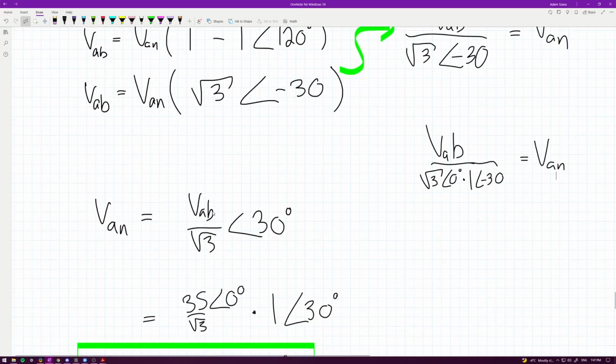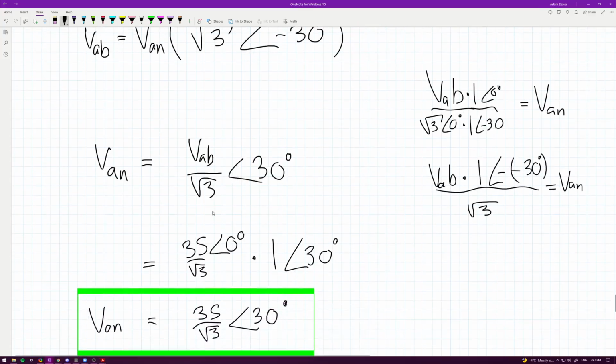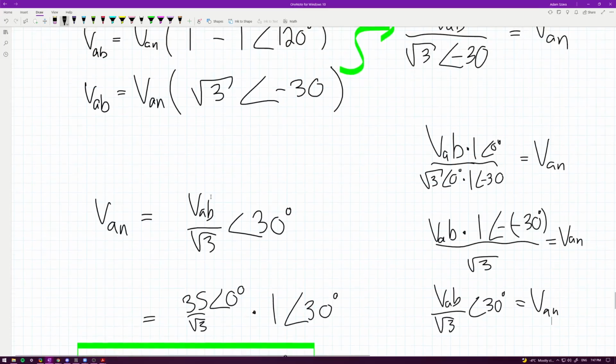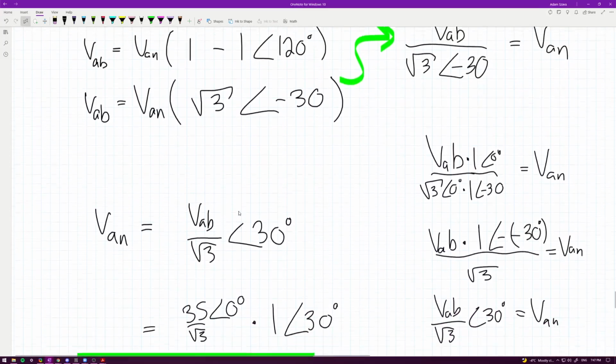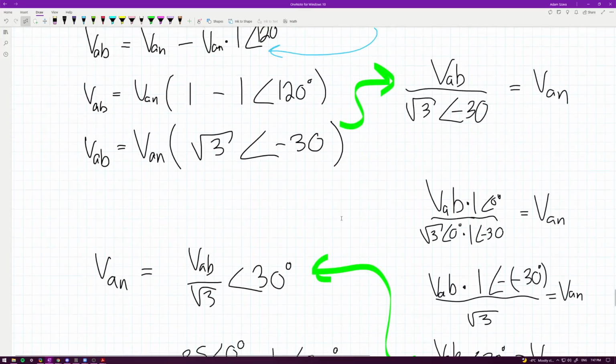Up here, I'm imagining multiplying by 1 to an angle 0, and so these angles would subtract, and it would be VAB times 1 to an angle negative 30 over root 3 equals VAN. Finally we have VAB over root 3 to an angle 30. That's the really technical way to do it, where you apply these division rules with complex numbers.